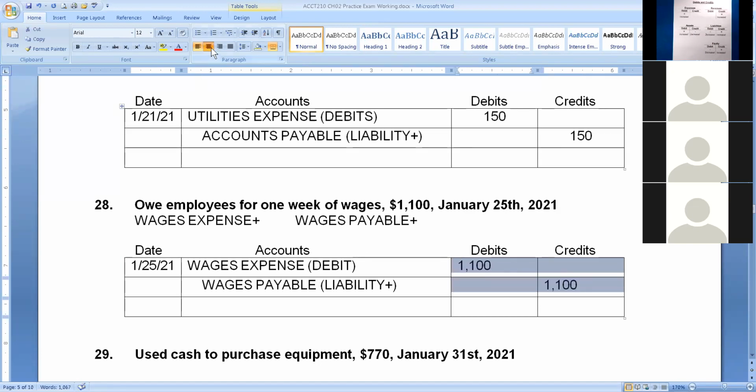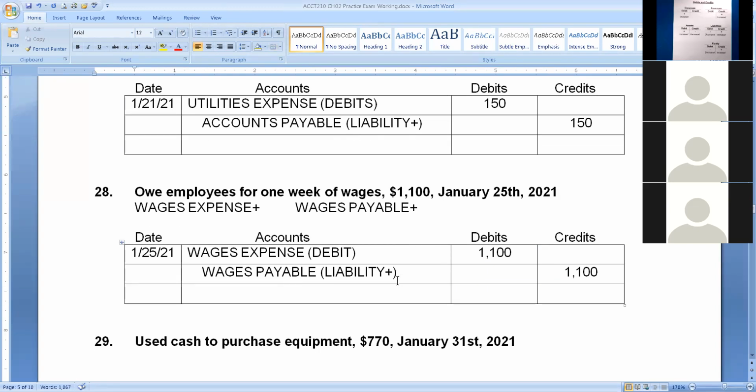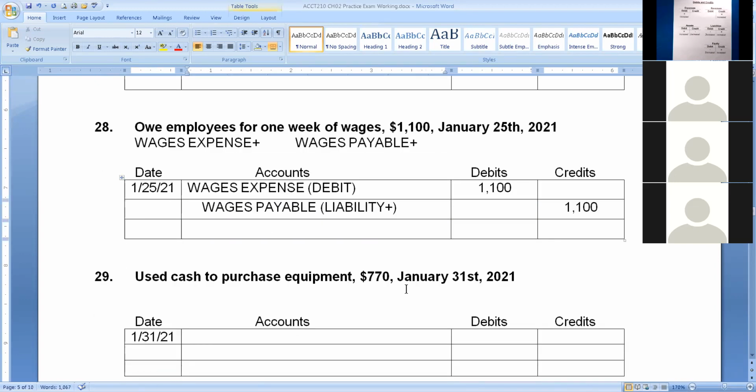And again, the reason why we're doing it this way is this is just a very quick shorthand. Instead of writing out a paragraph of what happened, just take the two accounts you need and figure out whether they're debits or credits, and you go on.